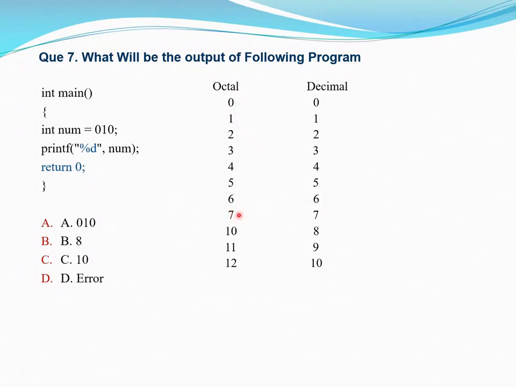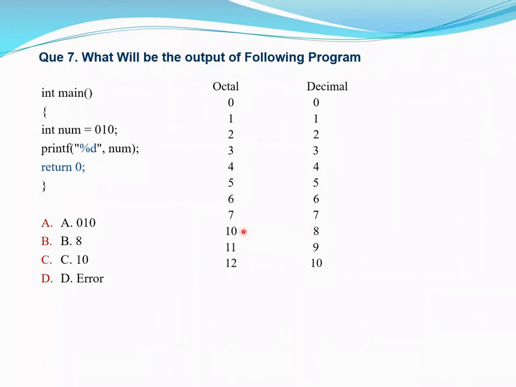There is no digit like 8 in the octal number system. So after the value 7 there is the value 10 in the octal number system, which is equivalent to the decimal value 8. That means decimal 8 is equal to octal value 10.